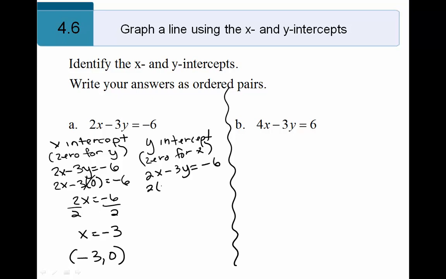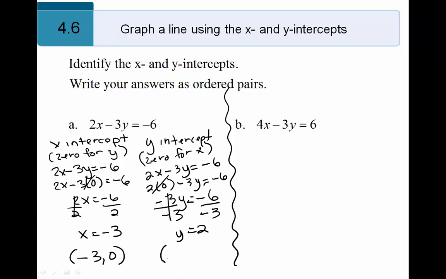I'm going to have 2 multiplied by 0 minus 3y equals negative 6. 2 times 0 is 0, so I'm just left with negative 3y equals negative 6. To solve for y, I'll divide both sides by negative 3, so y is equal to 2. So when my x is 0, my y is 2. So you have your x-intercept and your y-intercept.